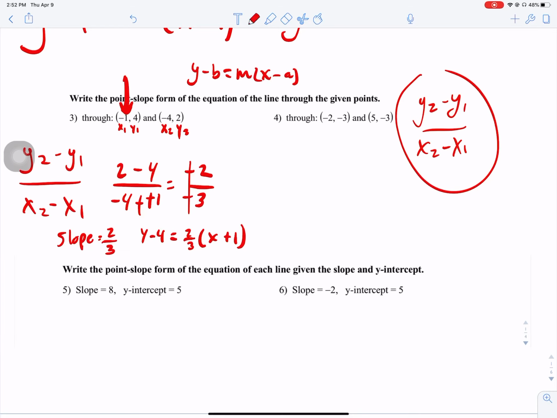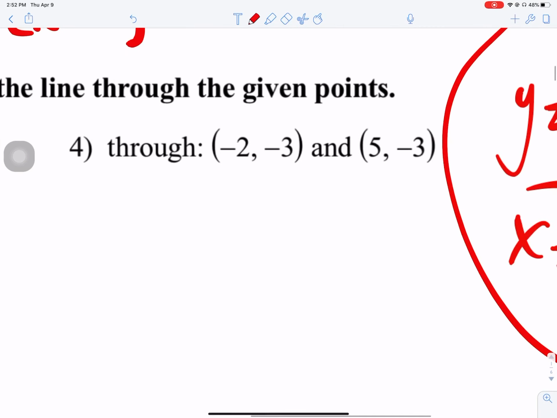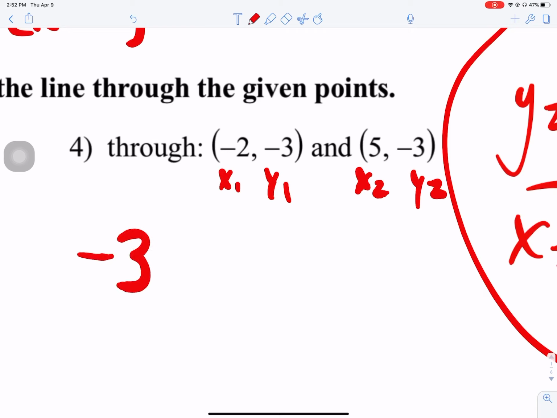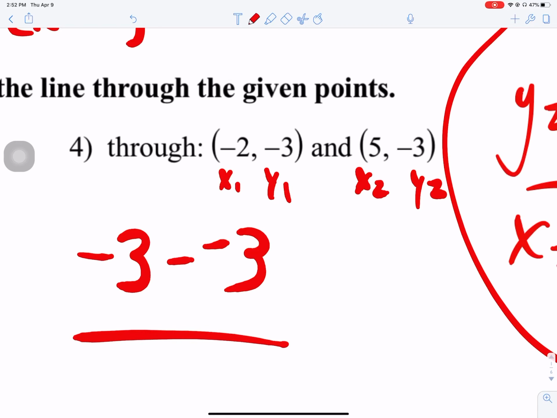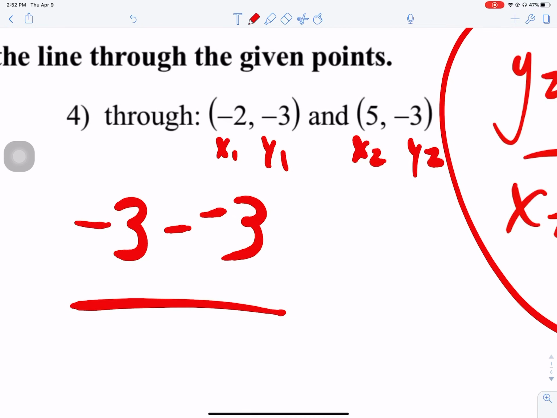The next one, same formula. We can number them, I always recommend x1, y1, x2, y2. And then you can easily see y2 minus y1 over x2 minus x1.